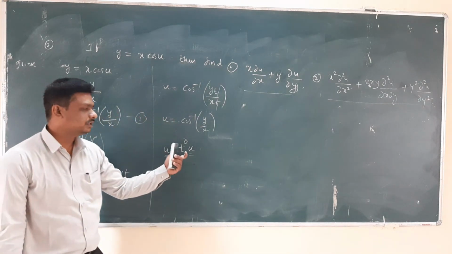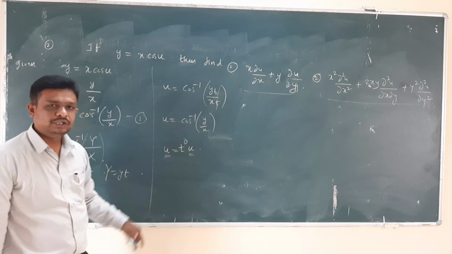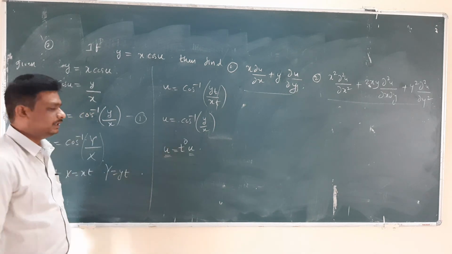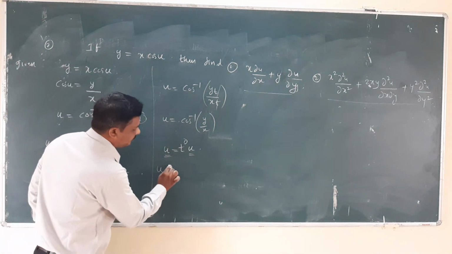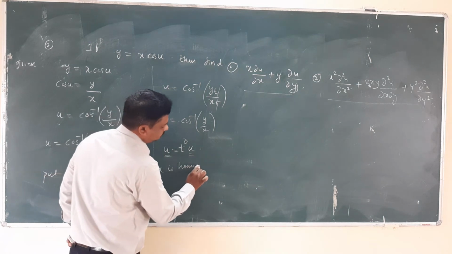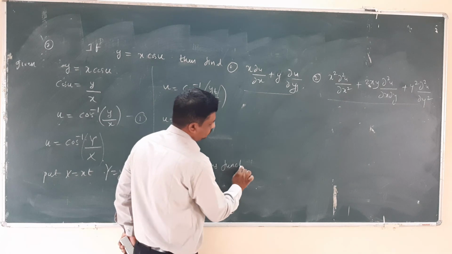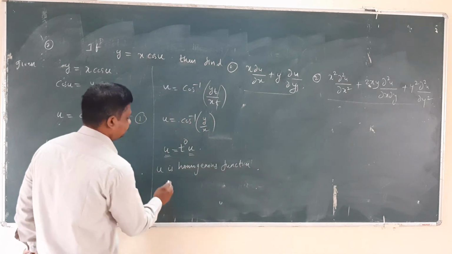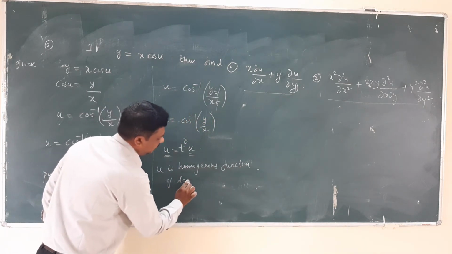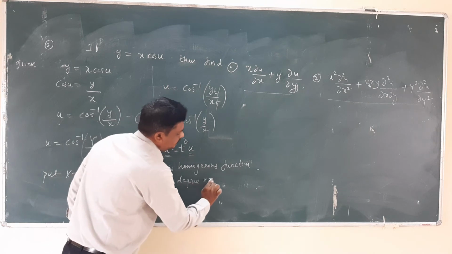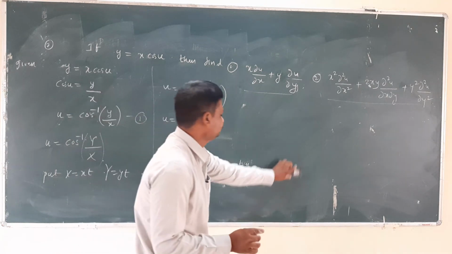Here the t term is not there, so the power of t is 0, and t to the power of 0 is 1. Therefore u is a homogeneous function of degree n equal to 0.